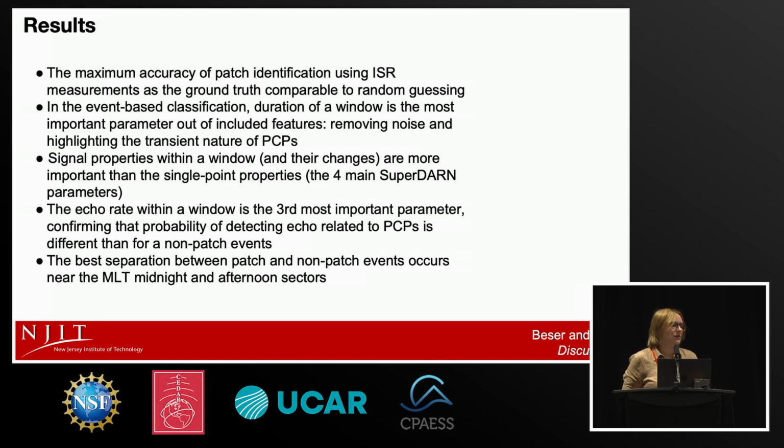So if you see a patch identified in RISR, you can flip your coin to see whether you will see something in SuperDARN. In the event-based classification, duration of a window was the most important parameter out of the included parameters, basically highlighting the transient nature of polar cap patches.